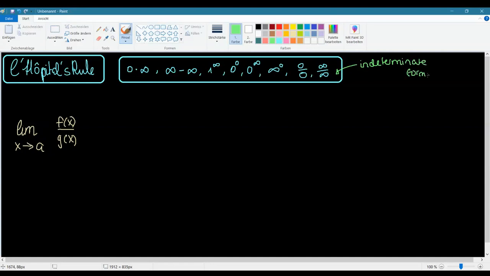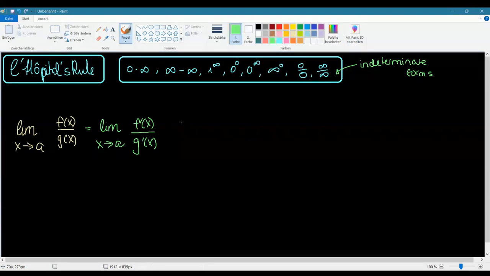And what that means is that you cannot determine what they are, right? Then the limit as x approaches a of this function over this other function is the same as the limit as x approaches a of the derivative of the function in the numerator over the derivative of the function in the denominator.